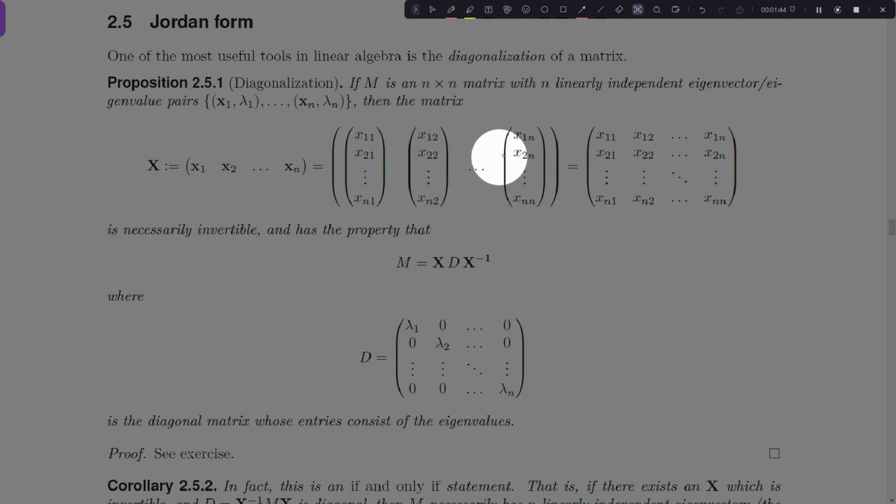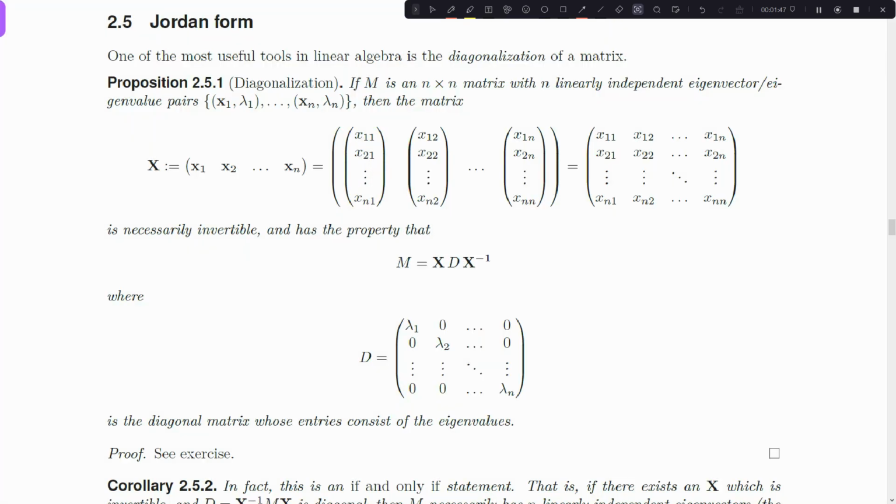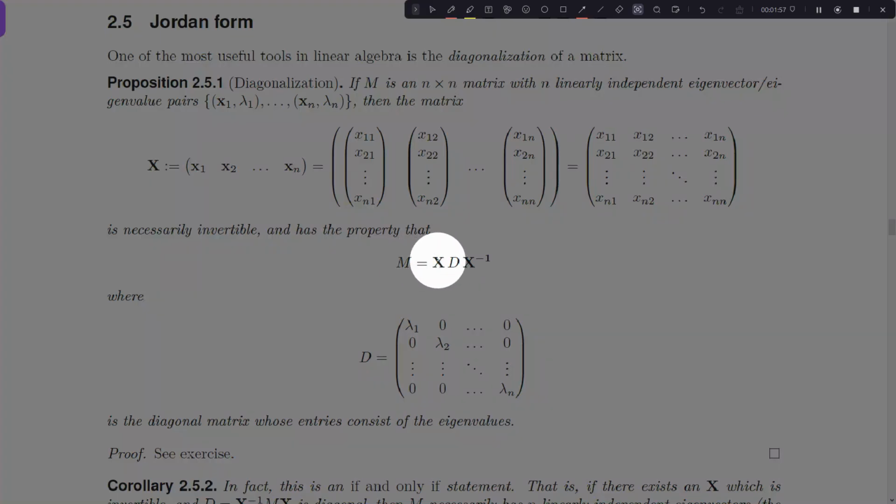And there I'm just making explicit how I formed my matrix from the linearly independent eigenvectors. And once I've formed that matrix, it turns out that if I take X, times a diagonal matrix where all of the eigenvalues are down the diagonal, times X inverse, then I recover my original matrix M.